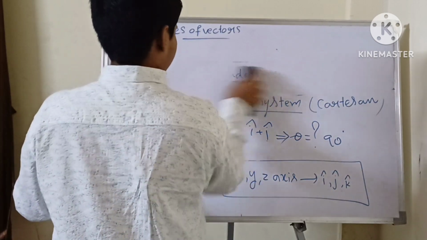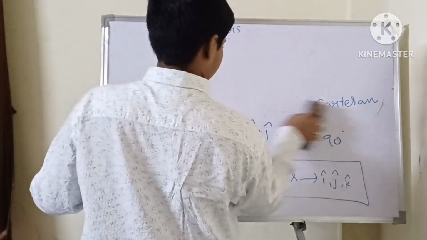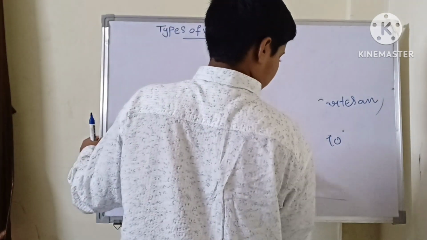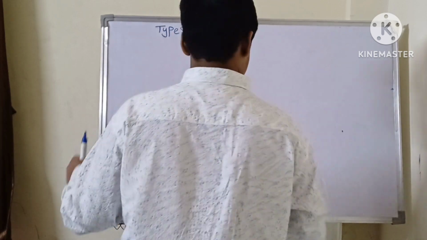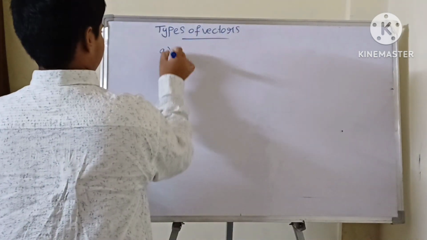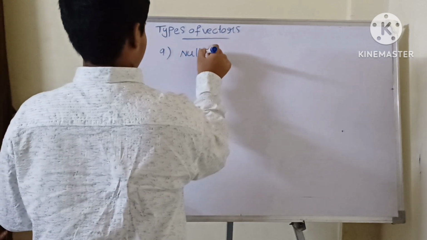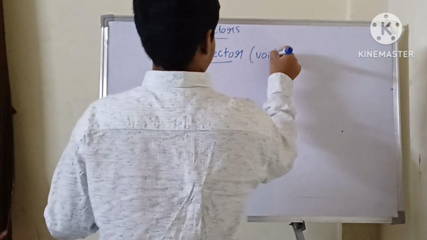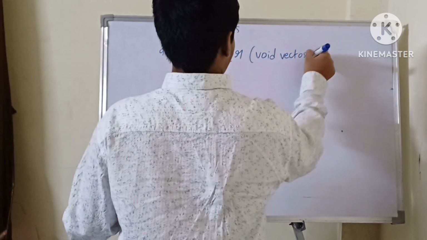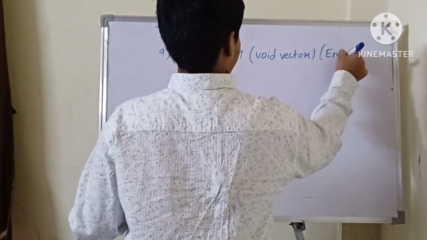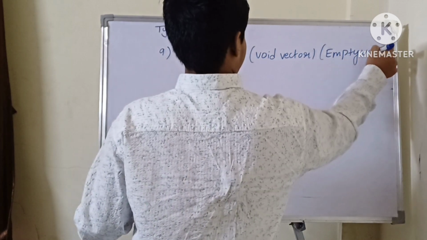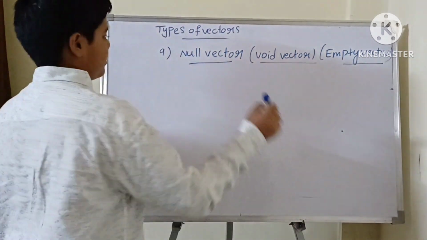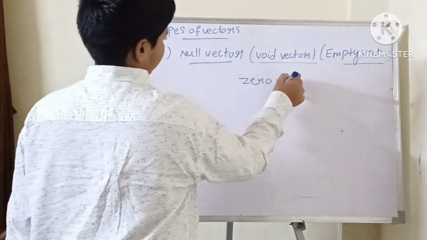And another vector is there: null vector, or void vector, or empty vector. These are the names of the null vector. Null vector is also known as zero vector.